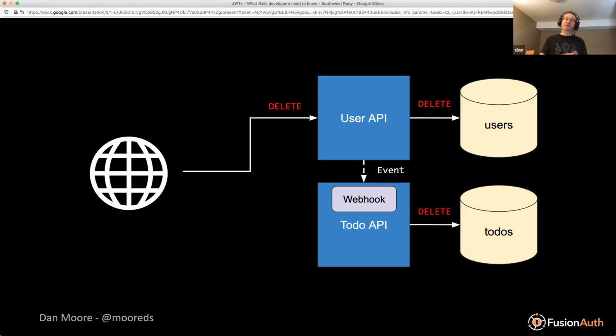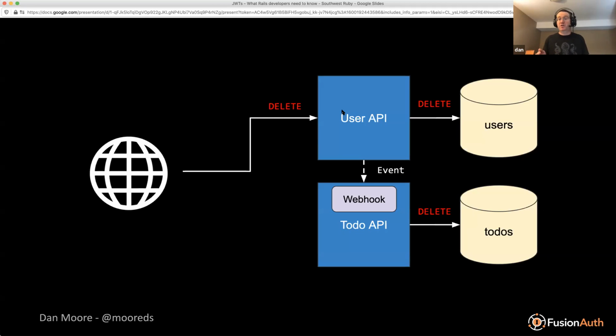If you go with pushing complexity to the server side, what you can do is you can have your user API accept a list of interested APIs that want to know when a user is deleted. So in this case, the to-do API, when it first boots up or when you configure it, when it's first deployed, might be a good way to do that.